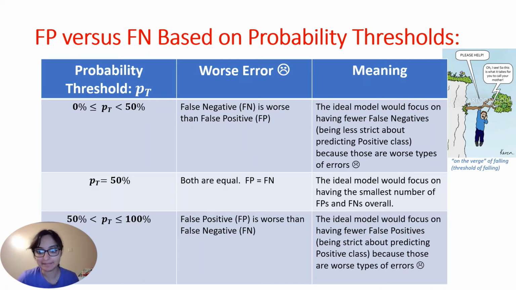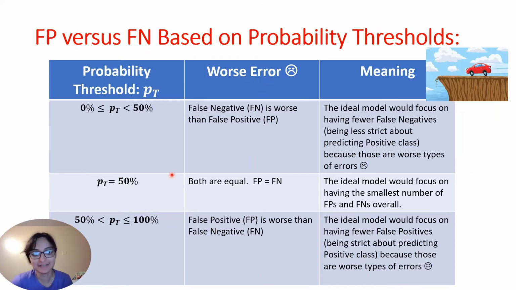What you see here as well is that this is the default in a lot of different tasks. A lot of predictive models use 50% as the threshold to assign to the positive class and negative class.